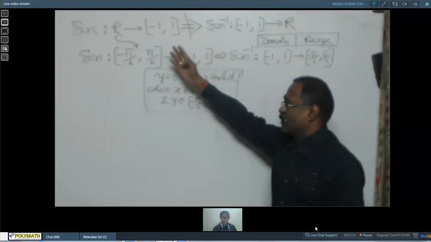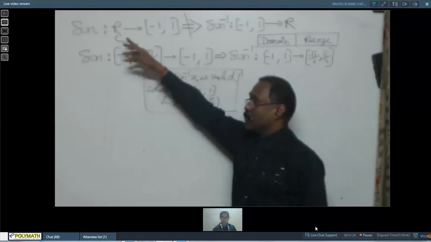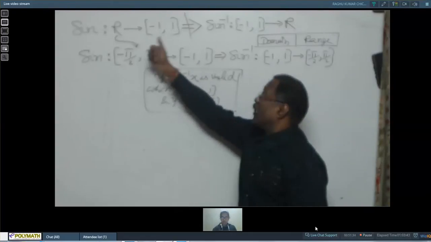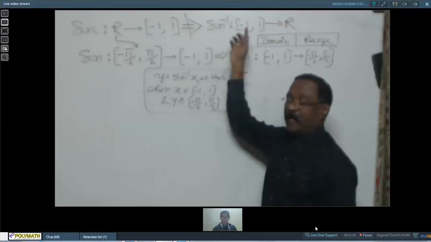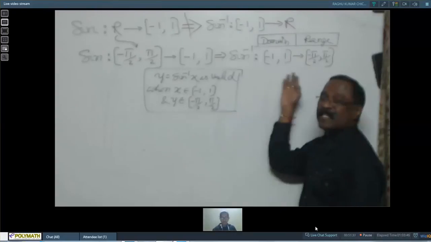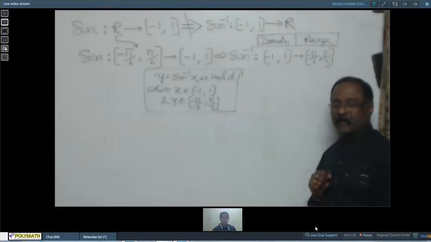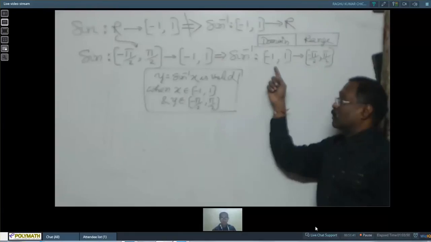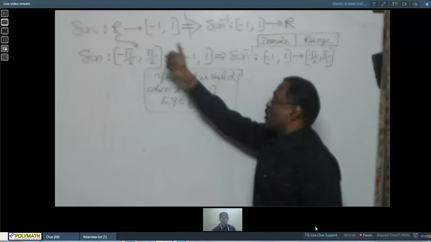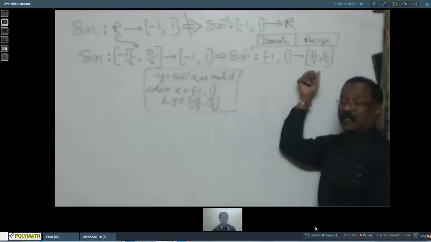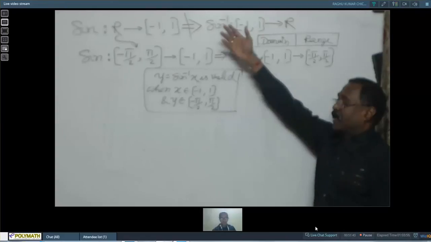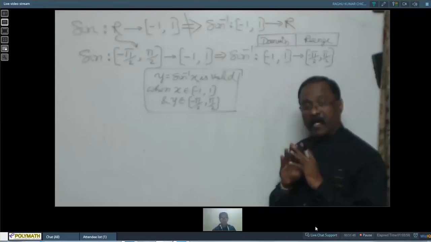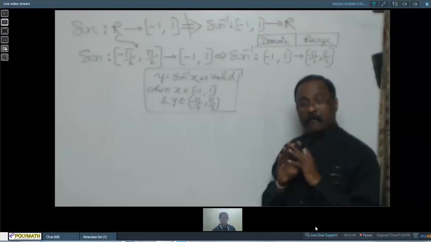Domain becomes the range and range becomes the domain. It is not happening here. Only the range is becoming the domain, but the domain is not becoming the range here. The reason is that, taken as it is, it is not a bijection.